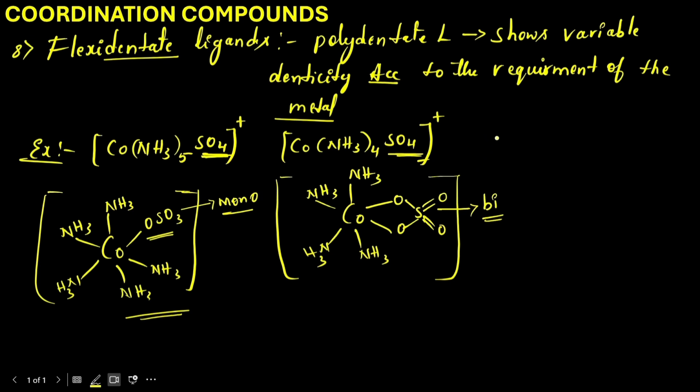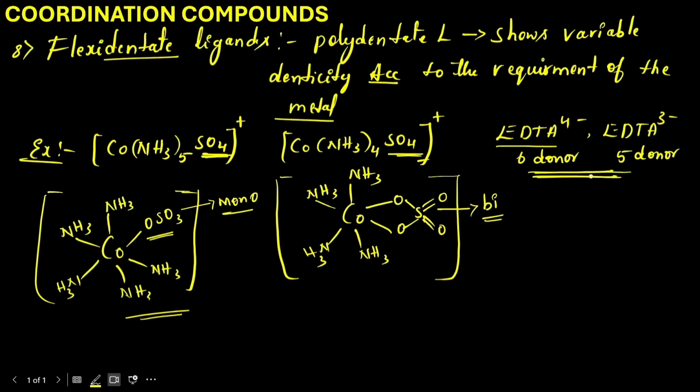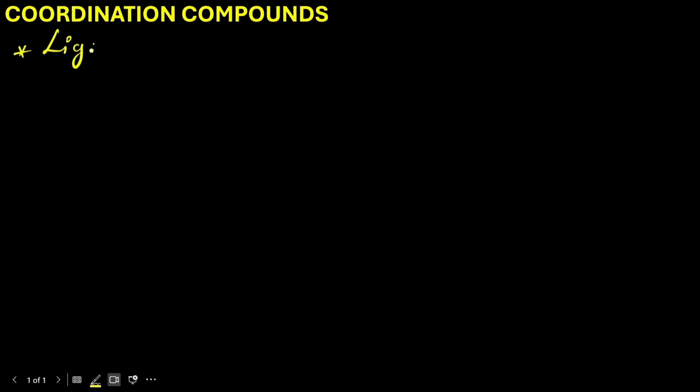And you can also consider EDTA 4 minus and EDTA 3 minus. Here 6 donor atoms will be there, and here 5 donor atoms will be there. So this is also an example of a flexidentate ligand.